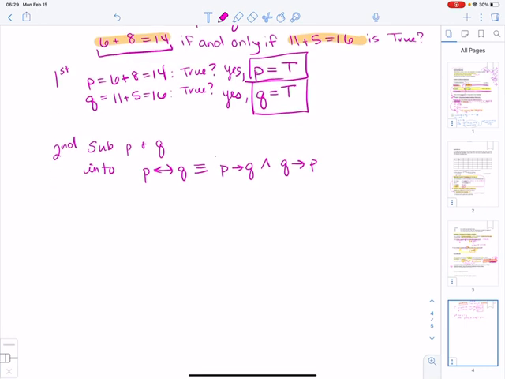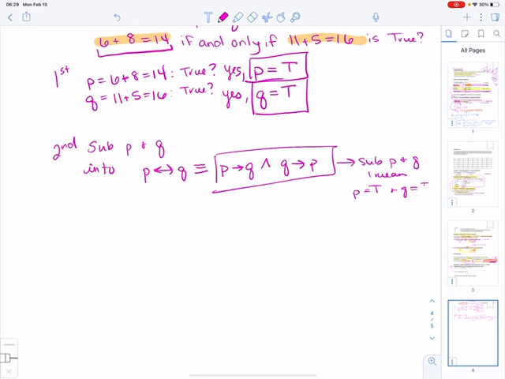So what we're really going to do is take this and sub our P and Q. And when I say sub, I mean the fact that they're both P equals T and Q equals T. So let's see what that looks like.